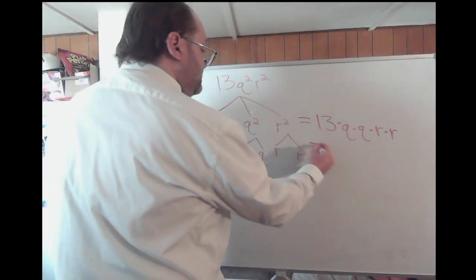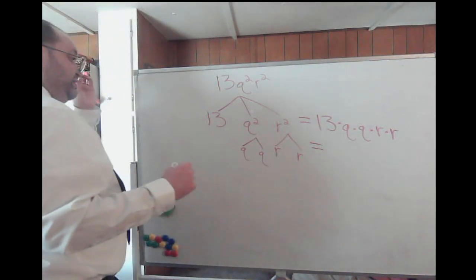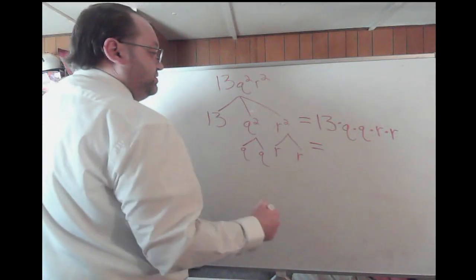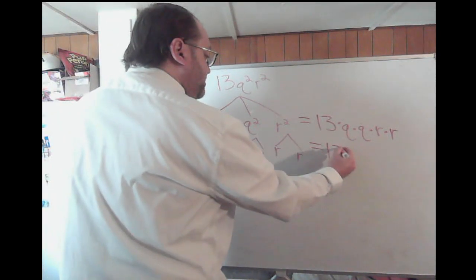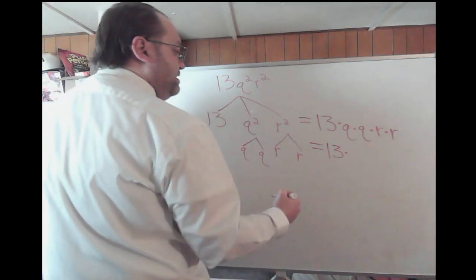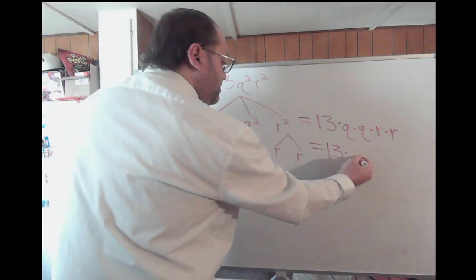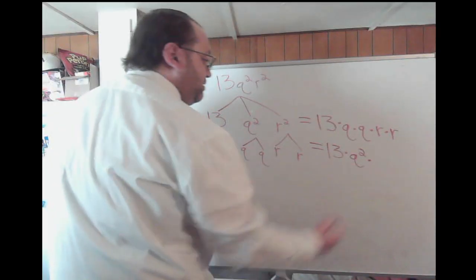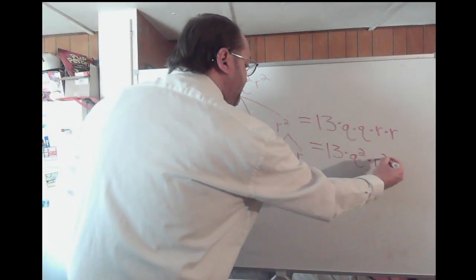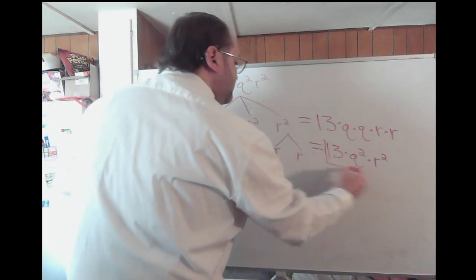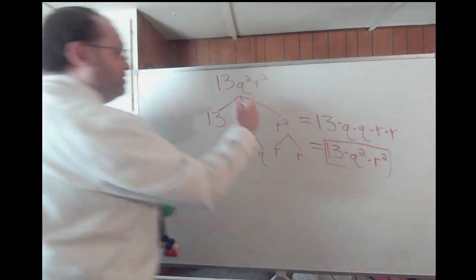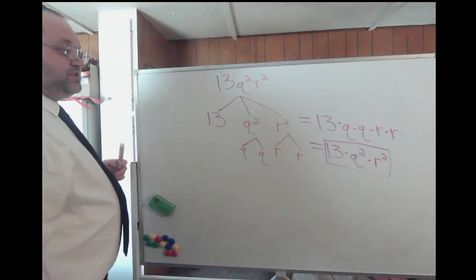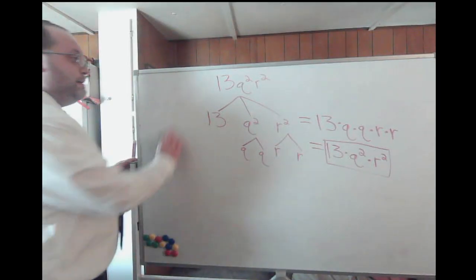But being technical with prime factorization, if you have repeating multiples, it's best to put it in power form. So you'll have 13 times q, that's q to the second power, times, then you have r times r, well, that's r to the second power. So that would be your prime factorization. It turns out it was already in prime factored form. 13 times q squared times r squared.